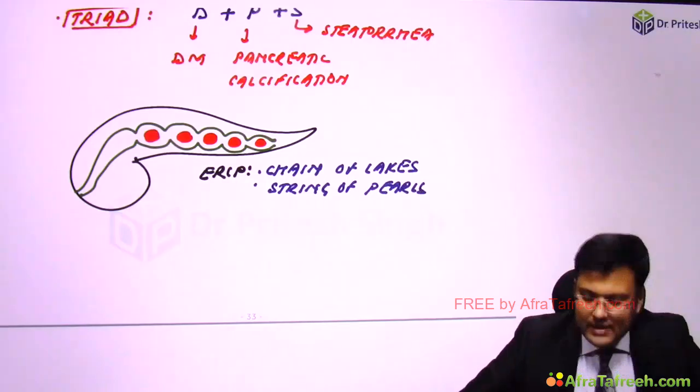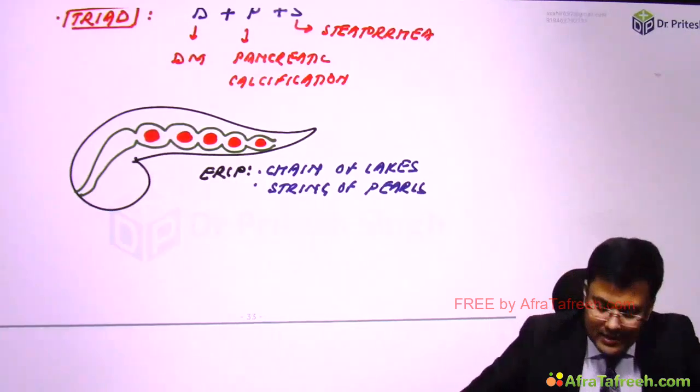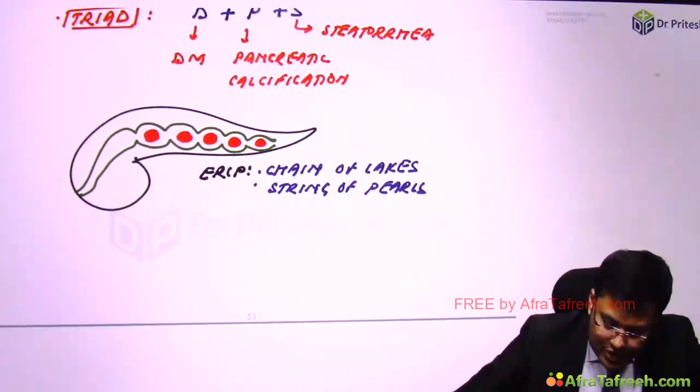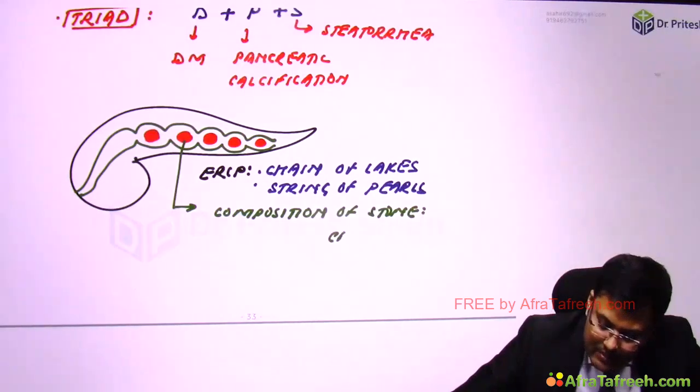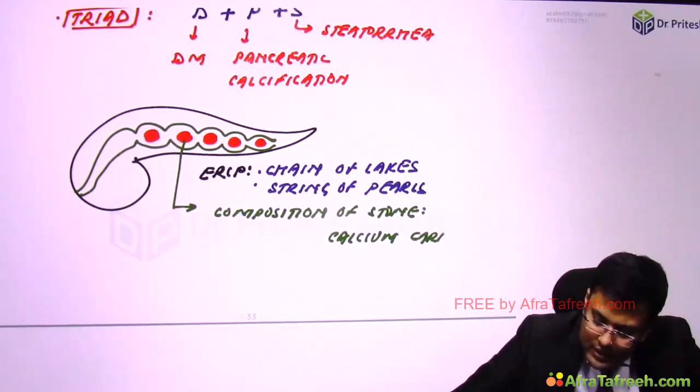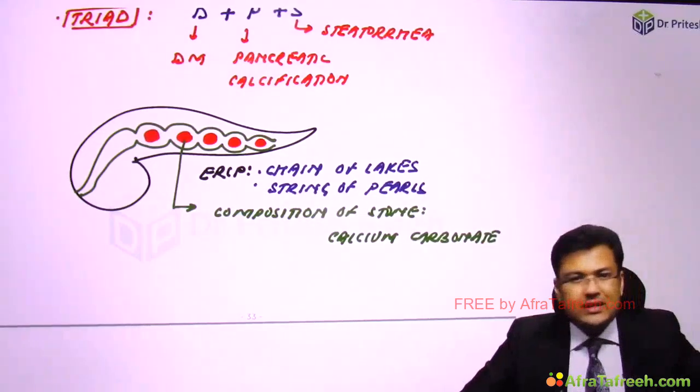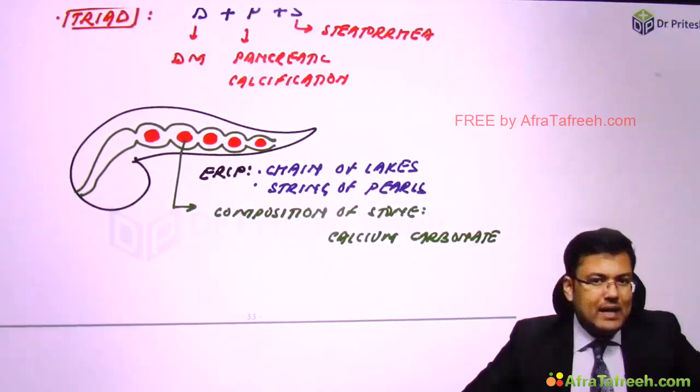And what is the composition of stone? The composition of stone is calcium carbonate. So these are the changes seen in pancreatic duct and the pancreas.